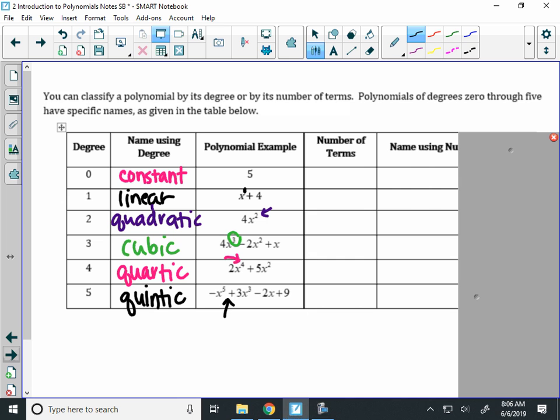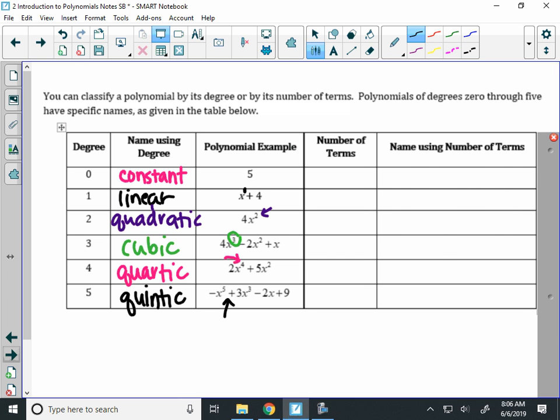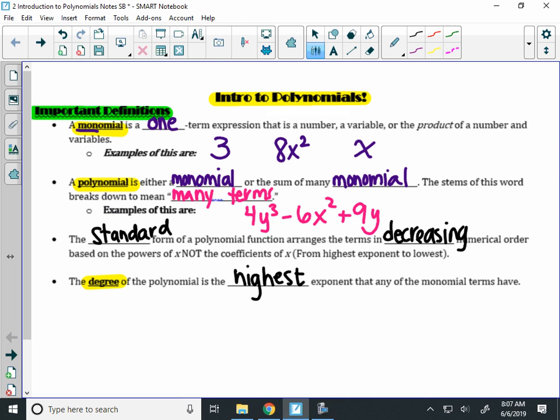Now, some other words you might hear us say that you don't necessarily have to memorize, but it's good to know them, is classifying polynomials based on how many terms they have. Now, remember, a term is something separated by a plus or minus sign, right? So in this polynomial expression, we had 1, 2, 3 terms.